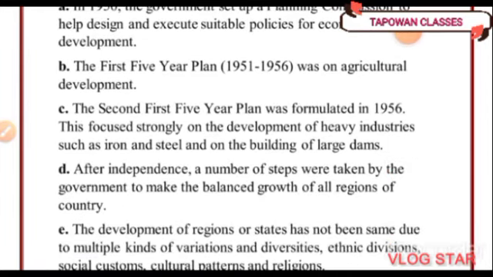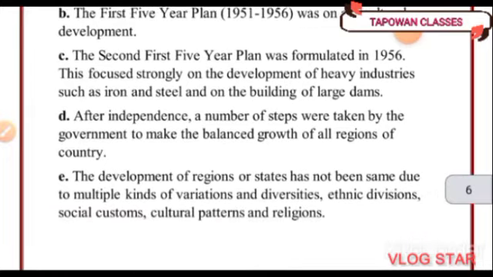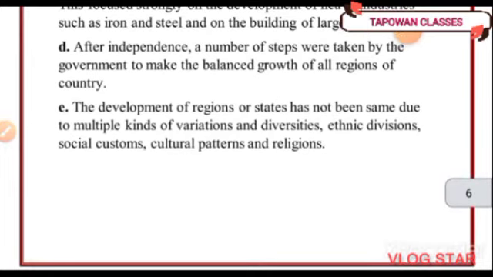B. The first five-year plan, 1951 to 1956, focused on agricultural development. C. The second five-year plan was formulated in 1956. This focused strongly on the development of heavy industries such as iron and steel and on the building of large dams.